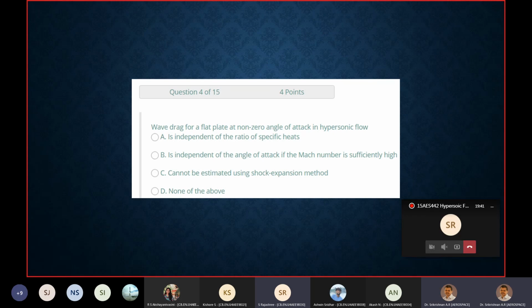What you said is applicable if it's an extremely thin plate and the flow doesn't get disturbed, but that's a theoretical consideration. Unless that is specified, we just have to consider a finite plate. Okay. Yes.